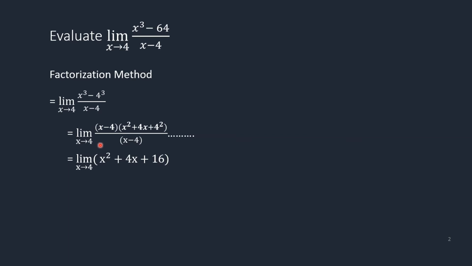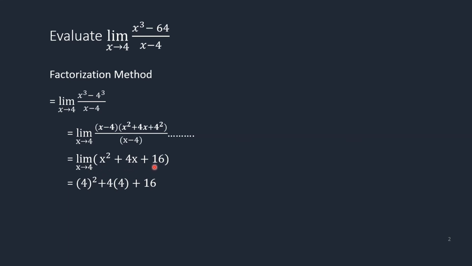Here, as x approaches 4, x minus 4 is not equal to 0. Therefore, we can cancel x minus 4 from numerator and denominator, and the limit reduces to limit of x squared plus 4x plus 16 as x approaches 4.